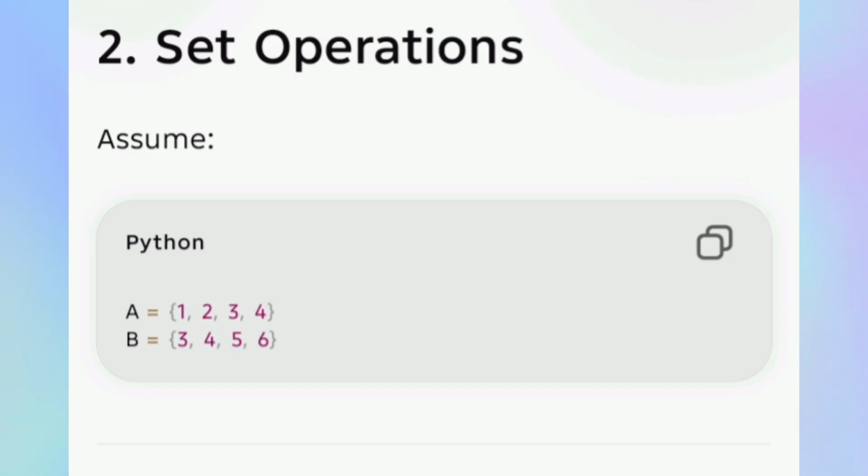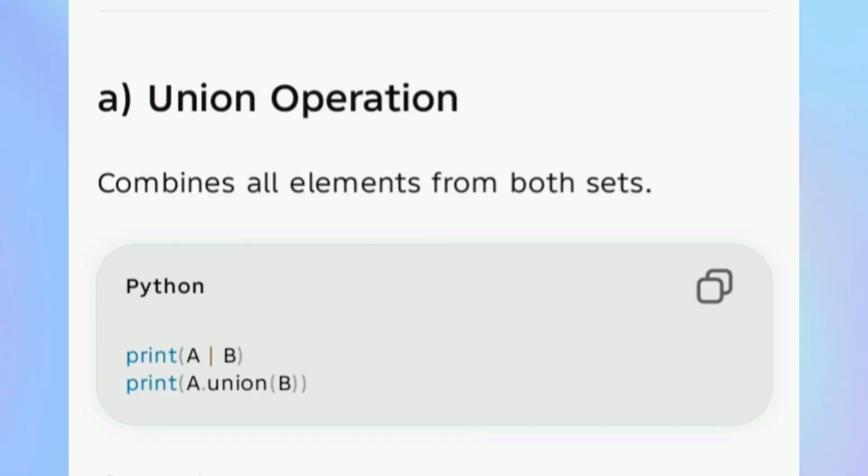The union operation combines all elements from both the sets A and B. Print A union B. What will happen?